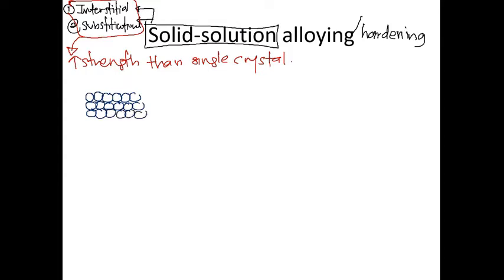Okay, so this is your single crystal. If you substitute one of the atoms in your single crystal with another atom, then you will create a crystal that looks like this.